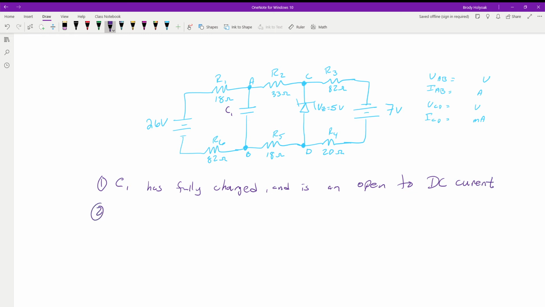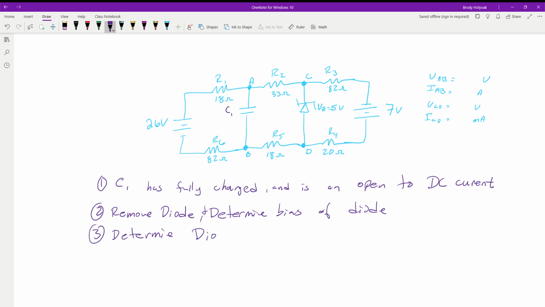Step two, we're going to remove the diode and determine bias of the diode. Then we're going to determine diode voltage.